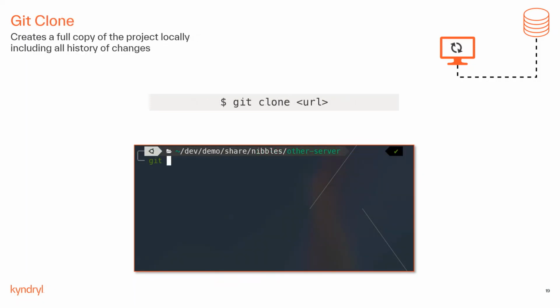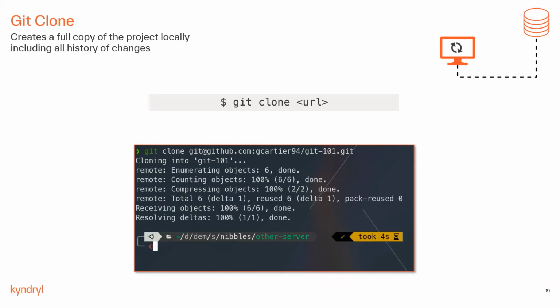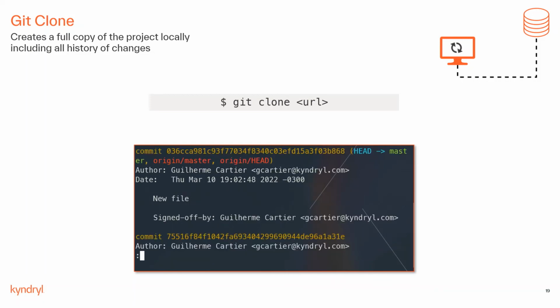Now, let's say that I just joined the team or I just joined the project, and I need to get up to speed with the code, right? And I need to get the local repository on my workstation so I can work in the project. Well, how would we do something like that? We would do that using the Git Clone command.